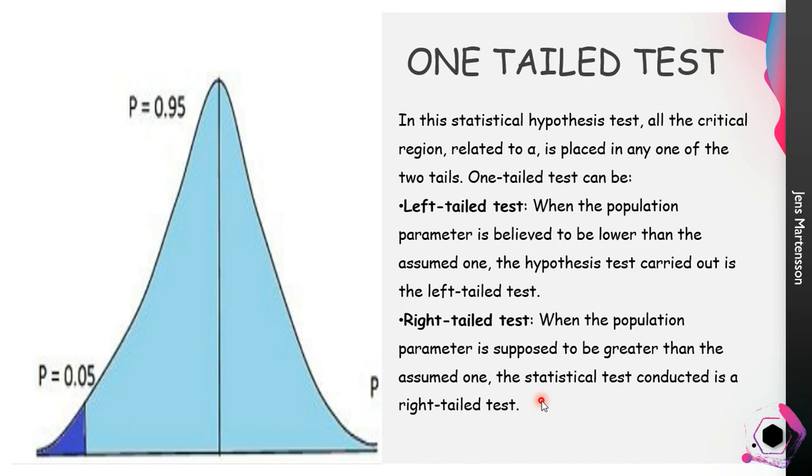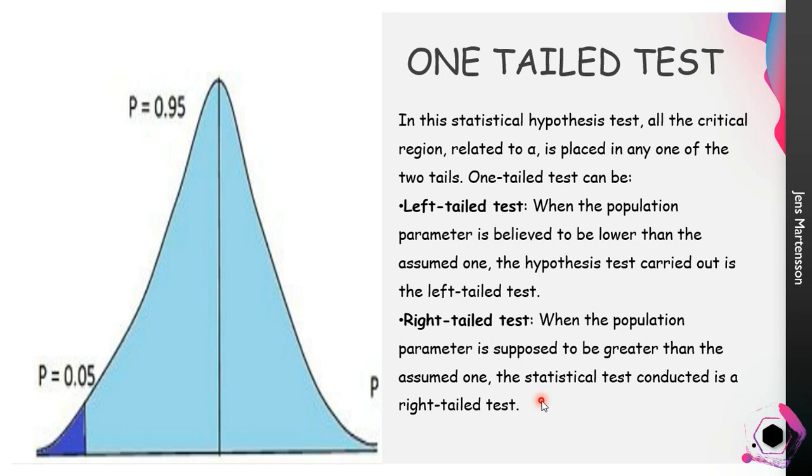Nandun lang siya sa isang side, or nahahati lang po yung normal curve natin sa dalawang side: the critical and then the non-critical region. Kapag ganyan po, that's the left-tailed test since nasa left side siya. And as you can see mga anak, the level of significance used dito sa picture is 0.05, and that is also 5%.